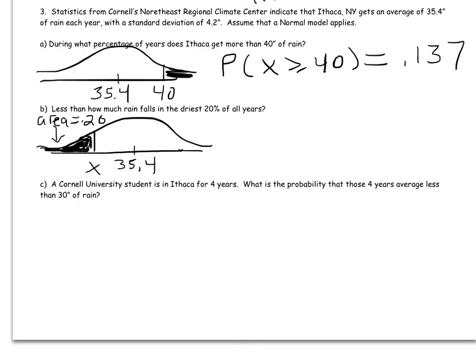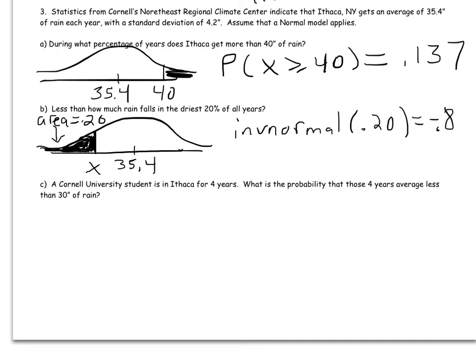So remember, I need to use the calculator to compute the z-score. So I'm going to use the inverse normal function. Remember, for that function, you type in all of the area to the left of the value that you're looking for. So this line right above x, I'm looking for all the area under the curve to the left of that cutoff value. So that'd be the inverse norm of 0.20, and that gives me about negative 0.8 or so.